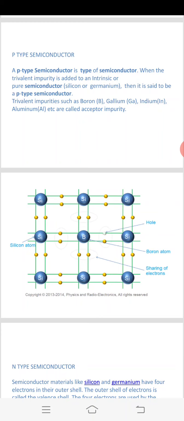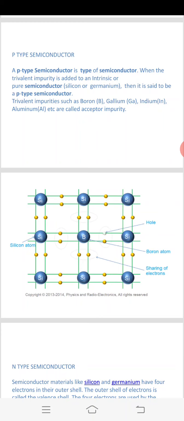Silicon has 4 electrons in the outer shell and requires 4 electrons for bonding. Boron gives 3 electrons to silicon, but silicon requires 1 more electron.